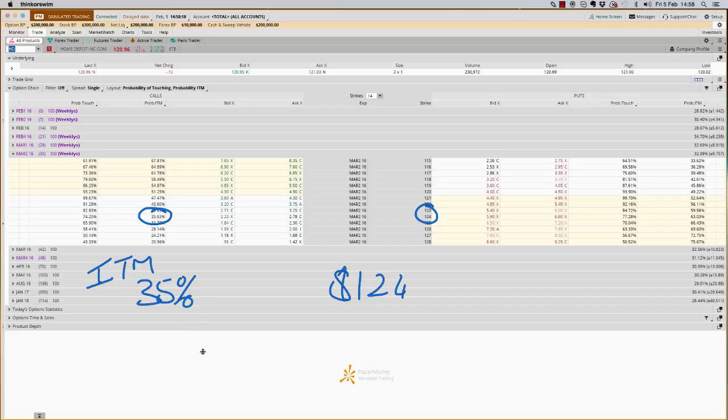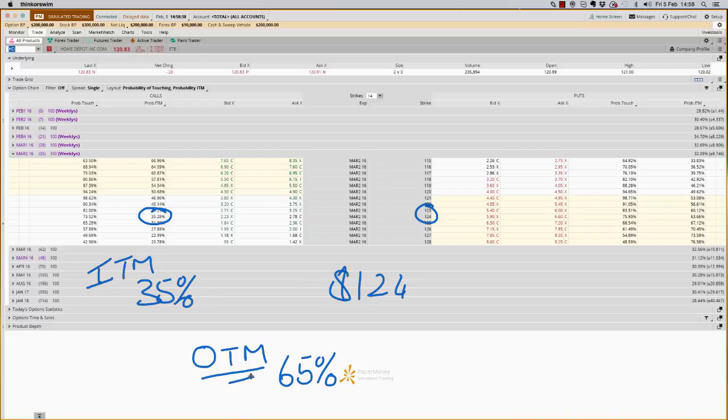For that option to expire out the money and expire worthless, it would be the opposite, and it would be a 65% probability that the option would expire out of the money or worthless.